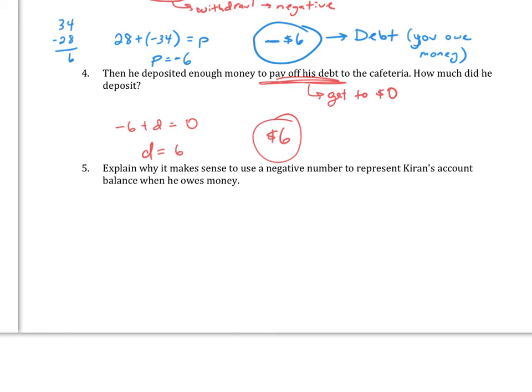Question 5 says, explain why it makes sense to use a negative number to represent Kieran's account balance when he owes money. So the reason why we use a negative number to represent an account balance when someone owes money is so that we know that it's money that he doesn't actually have.